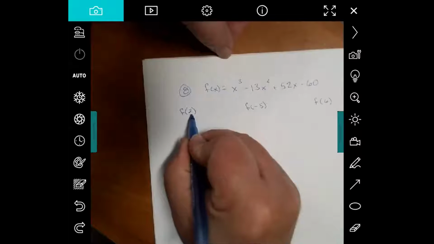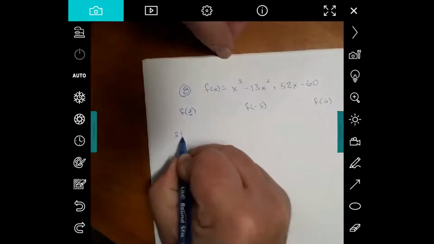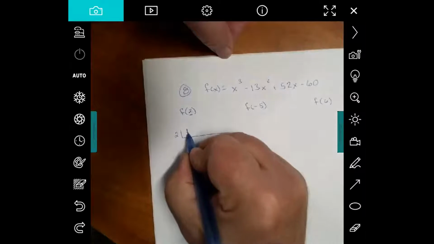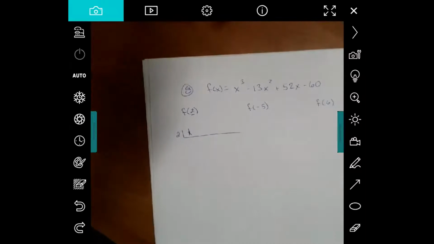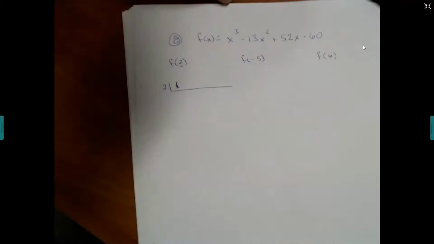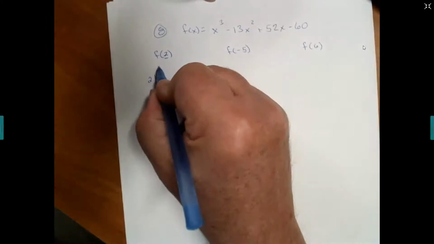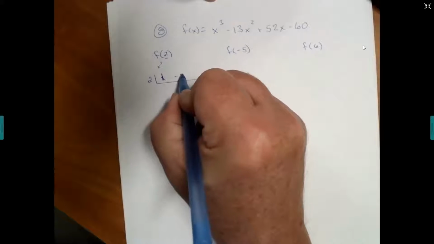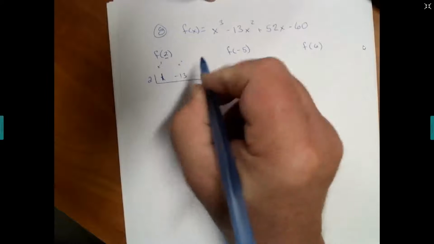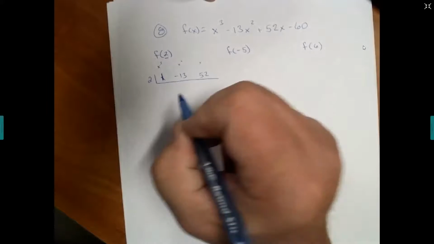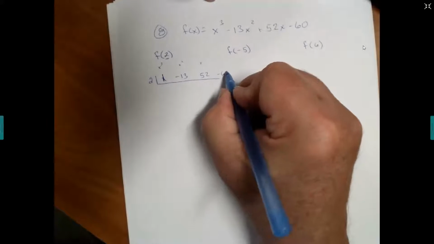Remember, whatever's inside the parentheses goes outside of our dividing line. Our coefficients are 1 for the x cubed, negative 13 for the x squared, 52 for the x, and then negative 60.